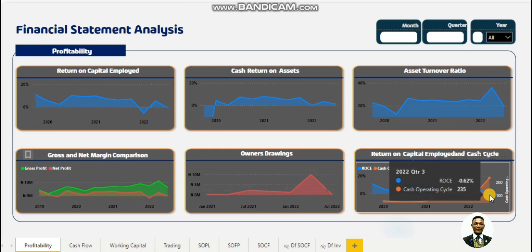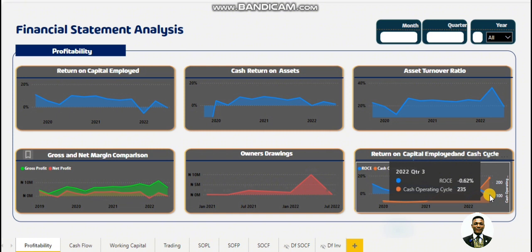So the management needs to look carefully at its cash management policies so as to see ways to improve the position. And by cash management policies, we mean their policy in relation to inventory management, receivables and accounts payable.